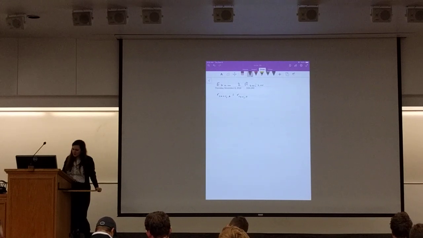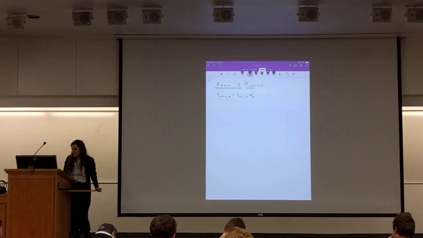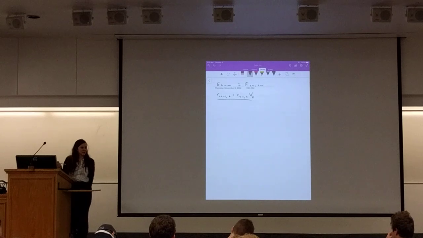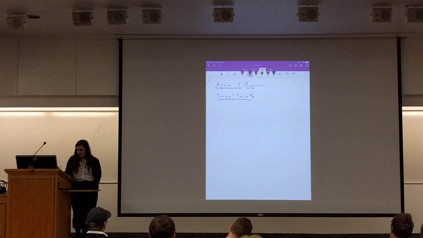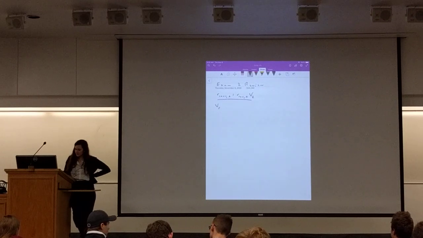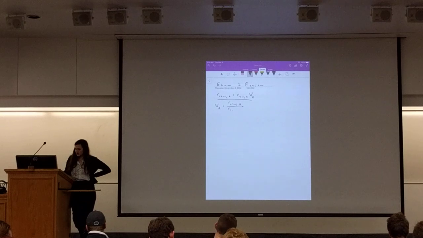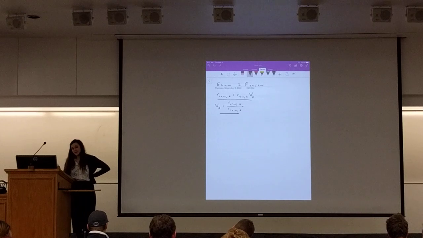This reaction rate we've been learning about for the last week or so, if you multiply it by the volume of your reactor, you get this consumption rate that we know from back when we were doing balances. And if you want to find the volume of a reactor you need, it just looks like this.